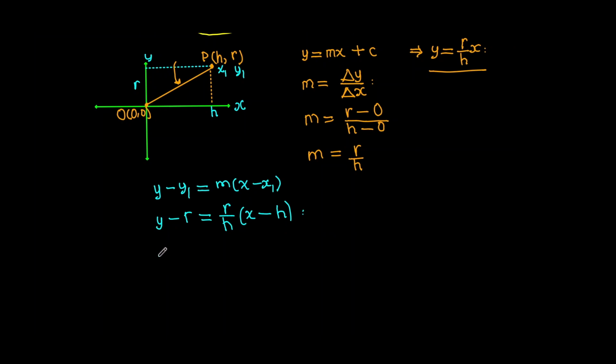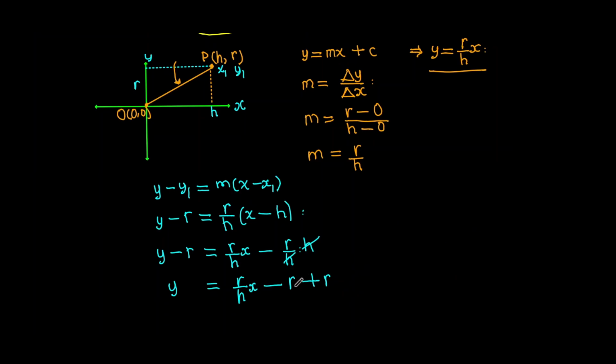So we can open up this bracket and we have y minus r equals r over h times x, minus r over h times h. This h will cancel here, and we take this r to the right hand side. Therefore, we have r over h x minus r, and as this negative r crosses the equal sign, it becomes positive r.